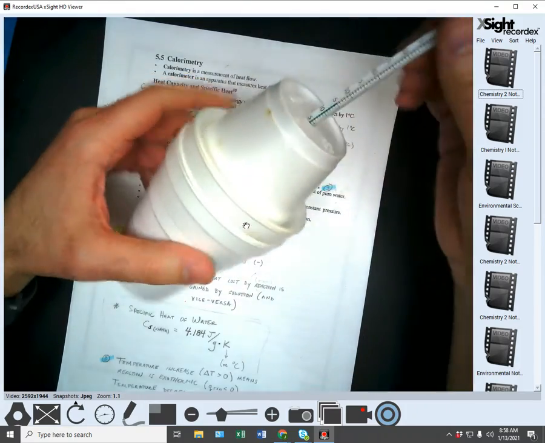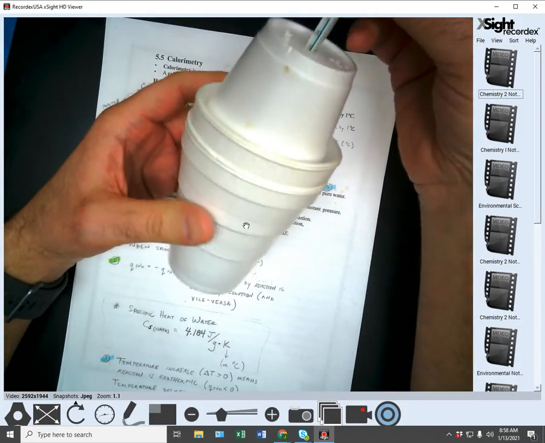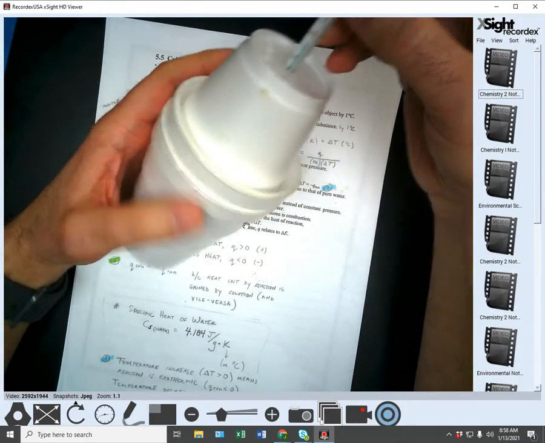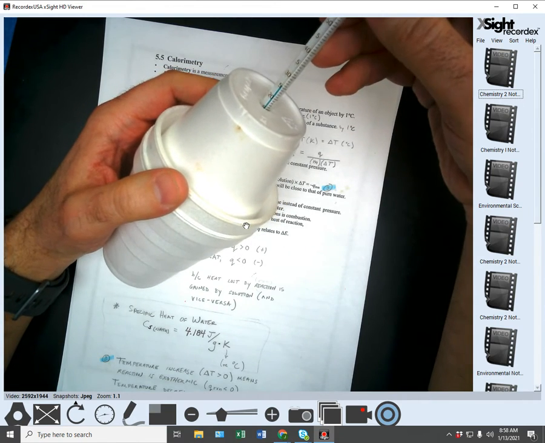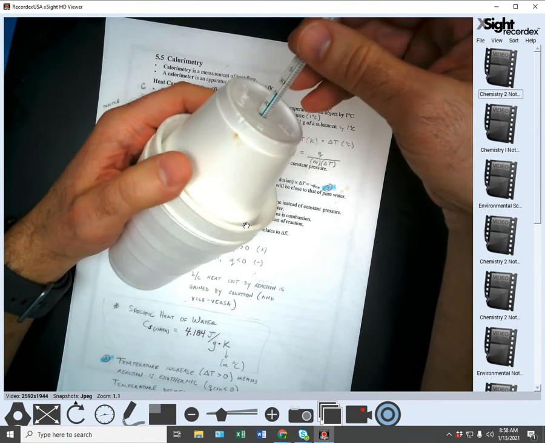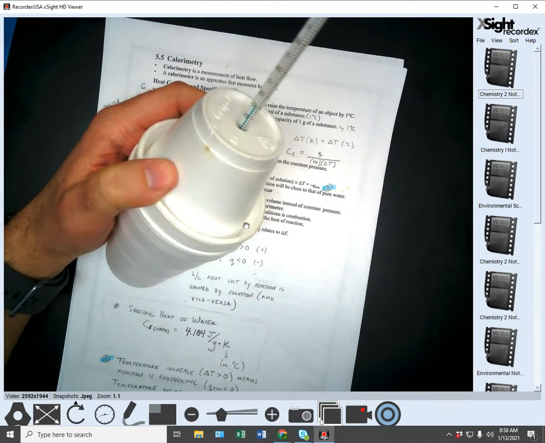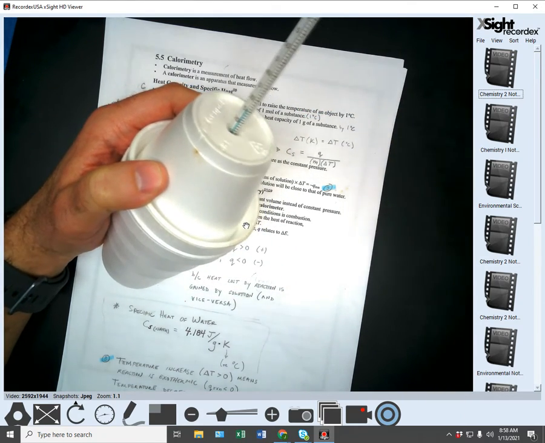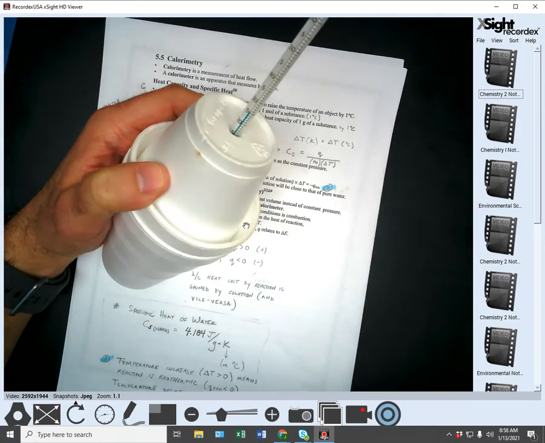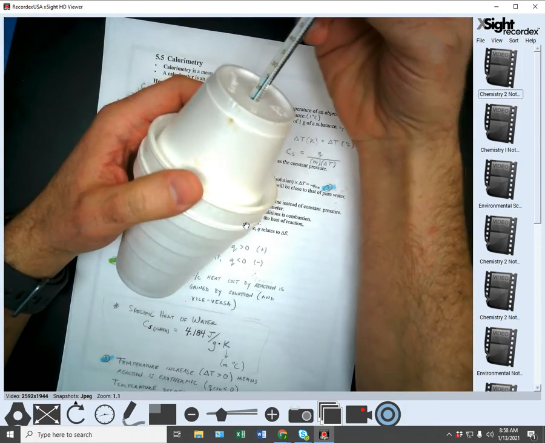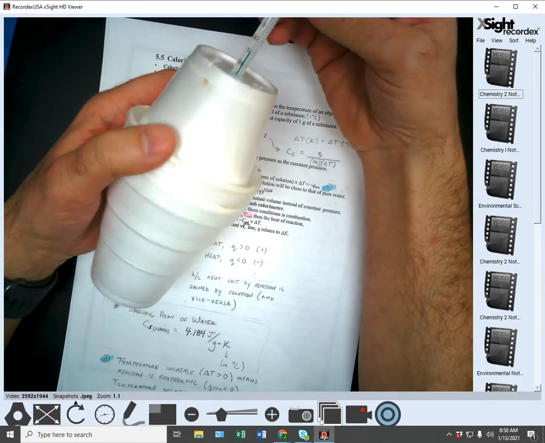So even something as simple as this is technically a calorimeter. And then they obviously make more precise ones; actual calorimeters are produced as well. But this is an example of just a simple one.